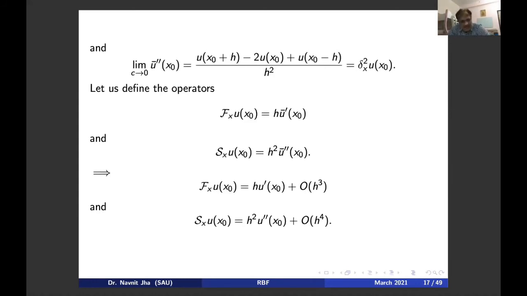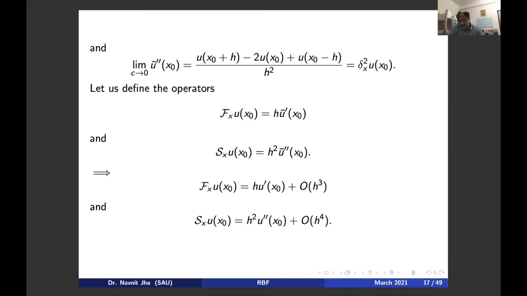I define Fx u at x naught as h into u bar prime at x naught. This is just my definition for easy understanding, the way of easy writing only. Sx is h square u bar double prime. So I have defined two operators.